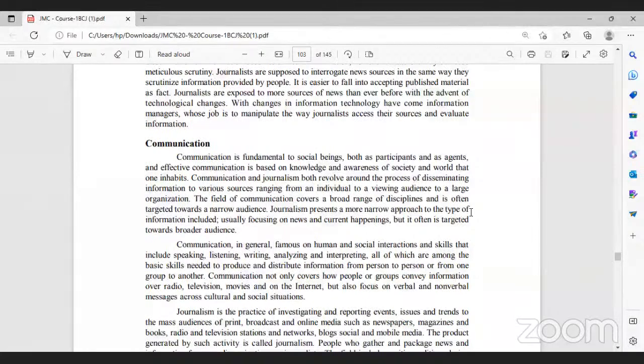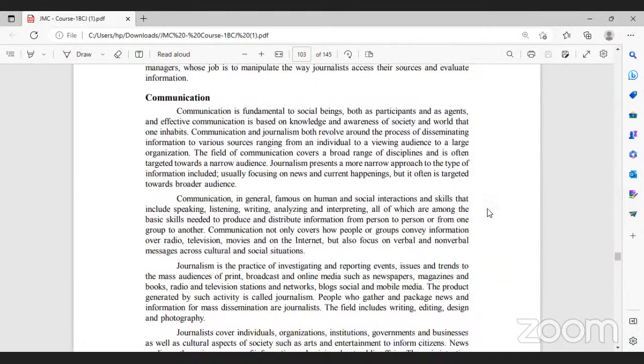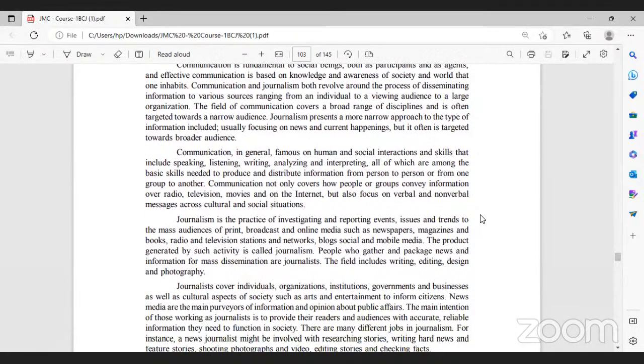You are questioning, you are understanding. The field of communication covers a broad range of disciplines targeted towards a narrow audience and a narrow approach. So it is from the narrow approach to the broader audience that communication has to take place in terms of journalism.